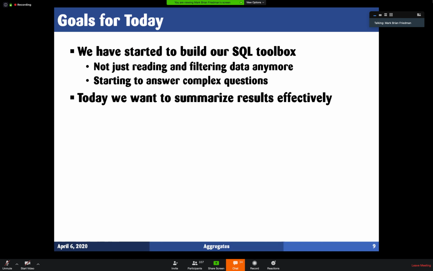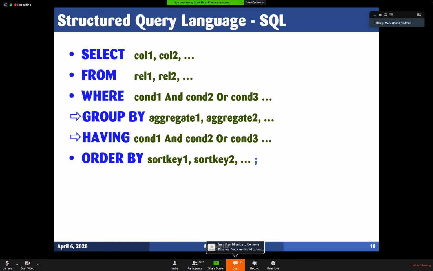And we've mentioned that when we talk about SQL, there are basically six clauses of a SQL statement. We have seen select, we've seen from, which references the tables, those are the relations, and we've seen a where clause. Lots of where clauses, and, or, and all kinds of logical operations. Today, we're starting to look at the group by and the having statements. And I mentioned the order by, which takes sort keys and a series of sort keys.